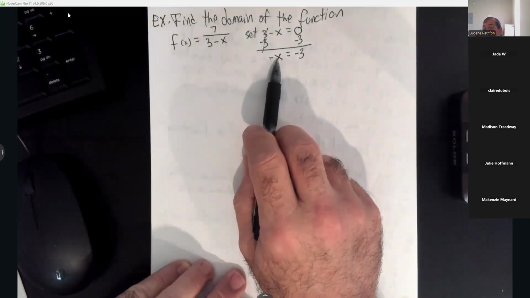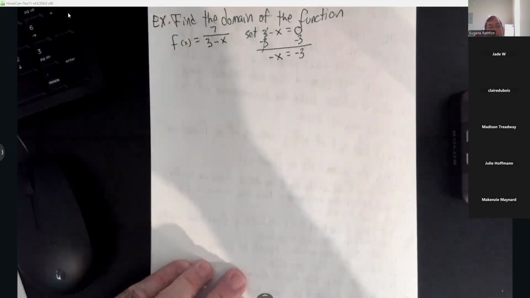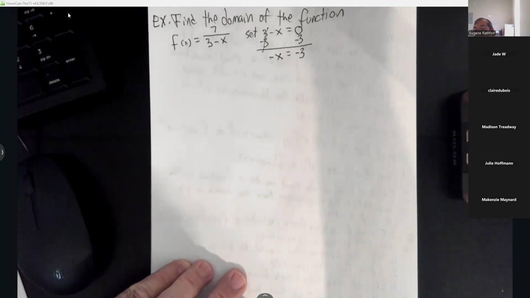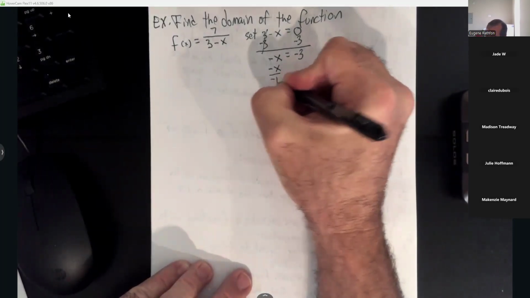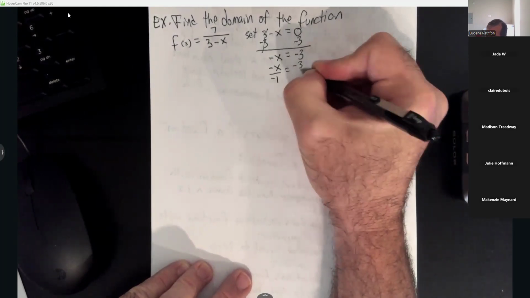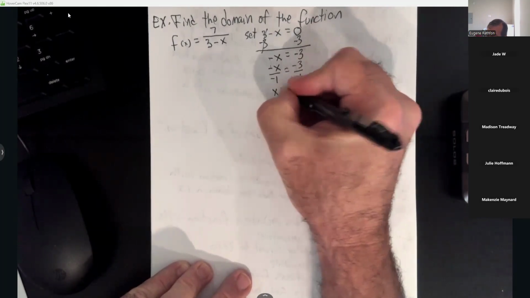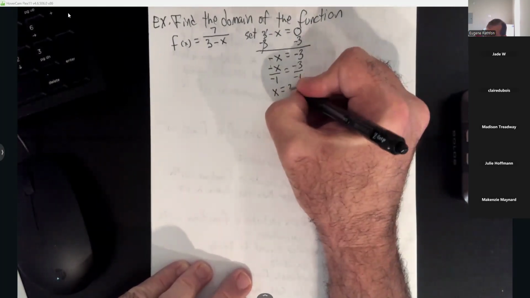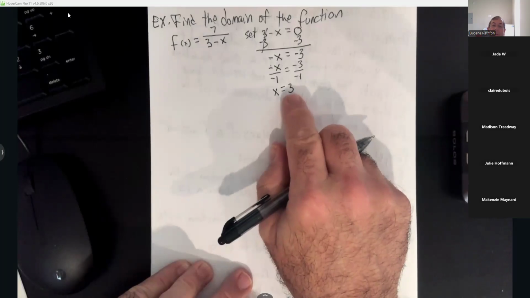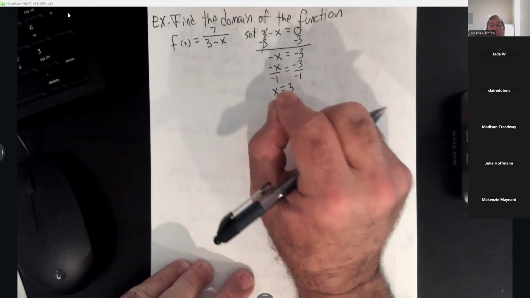Now remember, we want the x to be positive. So anytime you got a negative in front of the x, it's like a negative 1x. So to make this x positive, I would divide both sides by negative 1. So that negative divided by negative makes that a positive x. And then negative 3 divided by negative 1 makes that a positive 3. So we were right. If we put a 3 in there, that makes that equal 0.